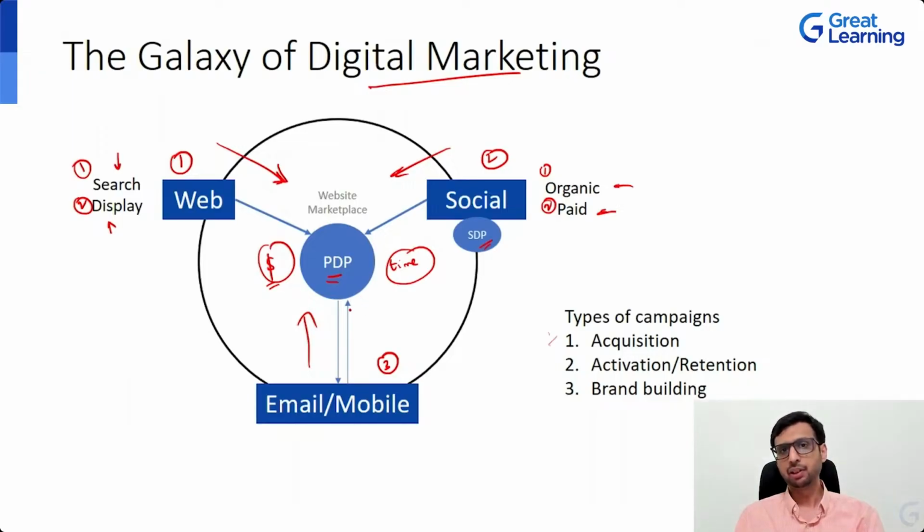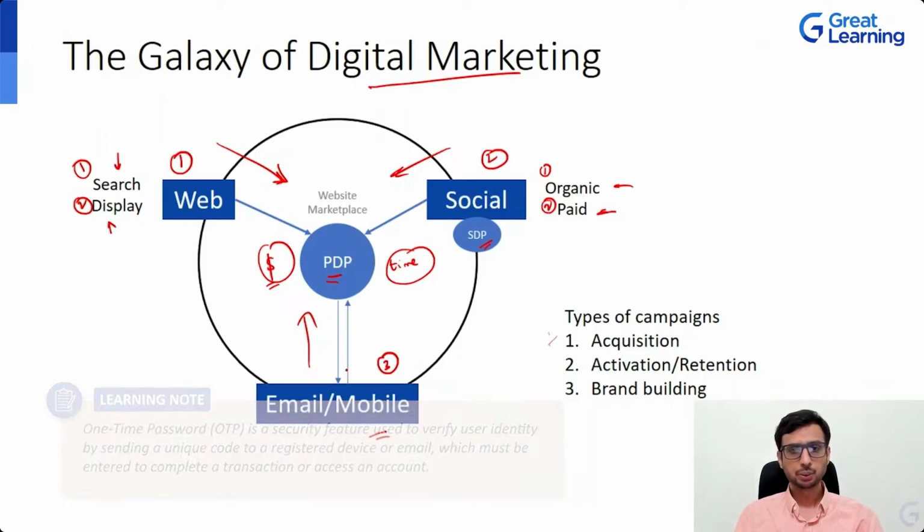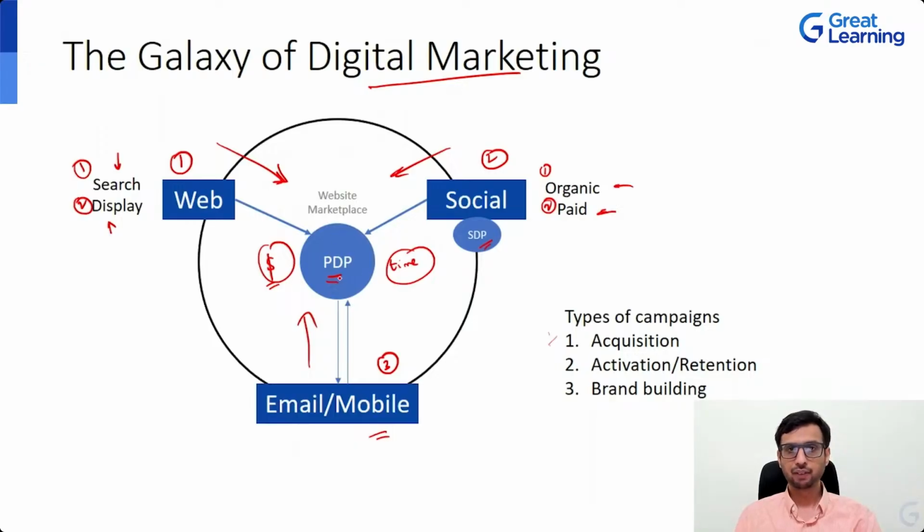For example, every time a transaction is clocked, you might send out an email trigger confirming the payment, or for them to make the payment, an OTP based verification system could be executed on the mobile phone. So while these things are not the primary ways in which traffic will land to you, they act as a two-way communication between the place where the revenue or time is being clocked and the user's personal device or a personal way in which you could reach out to them.